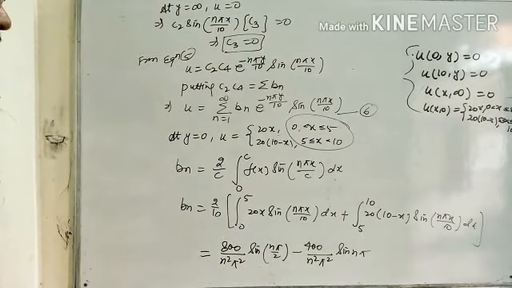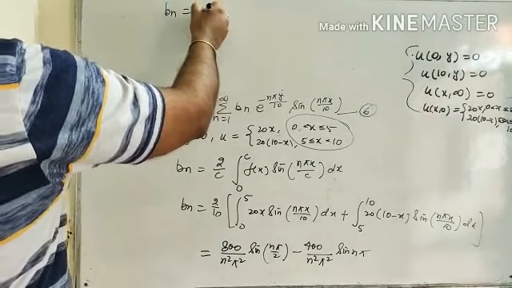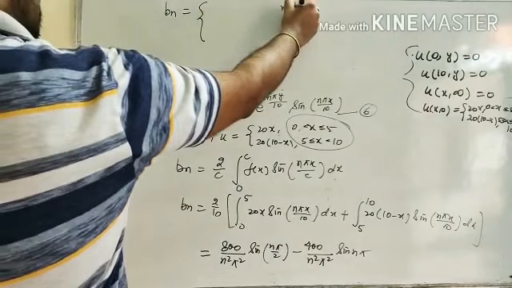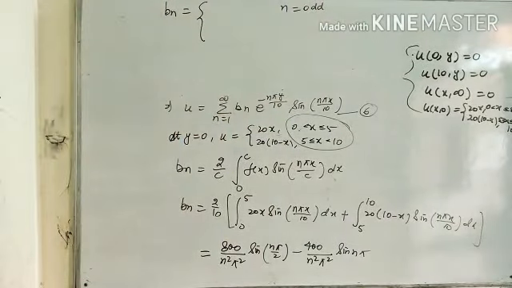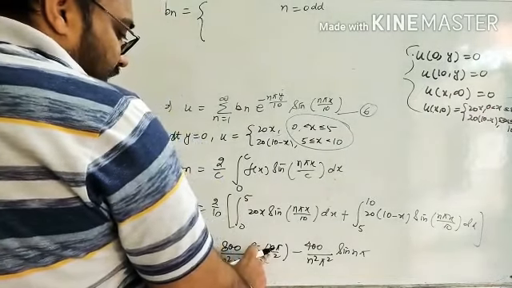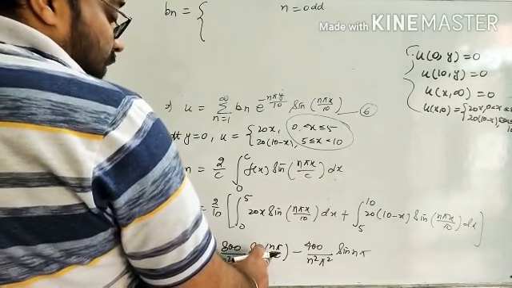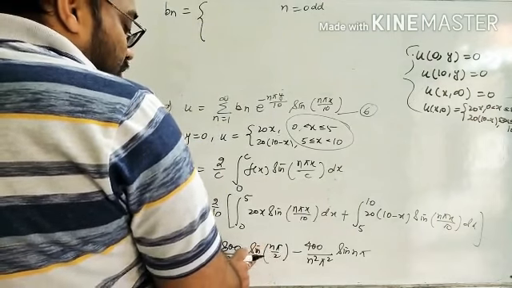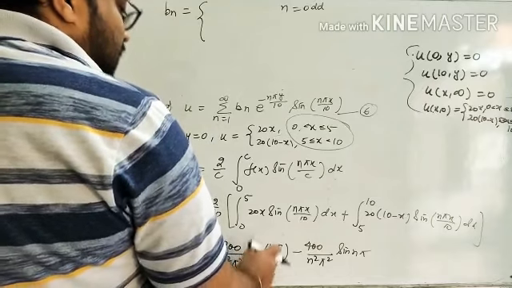Or we can write it as bn is equal to, if n is odd, then this will be sin pi by 2, sin 3 pi by 2, sin 5 pi by 2, sin 7 pi by 2. So the value of this particular function will be positive, negative, positive, negative.